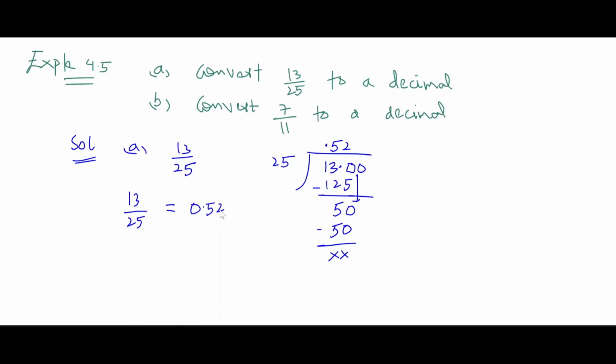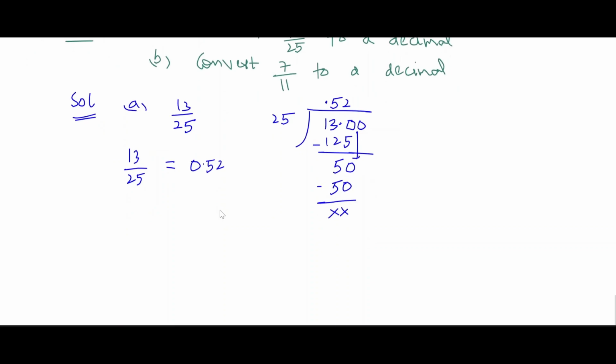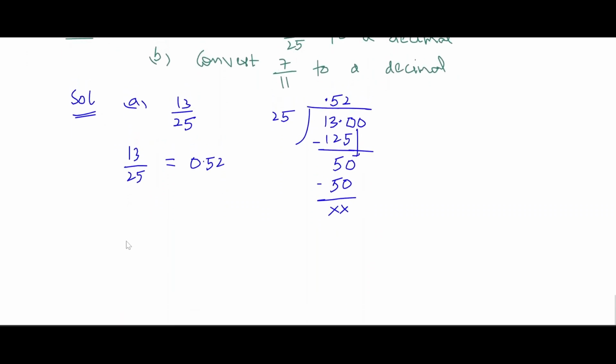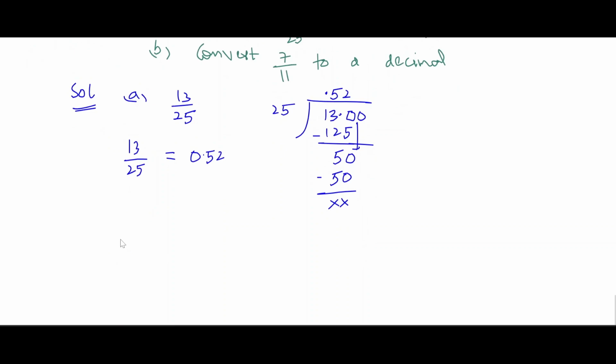Let's do part B. Part B is convert 7 by 11 to a decimal. So divide it, simple.